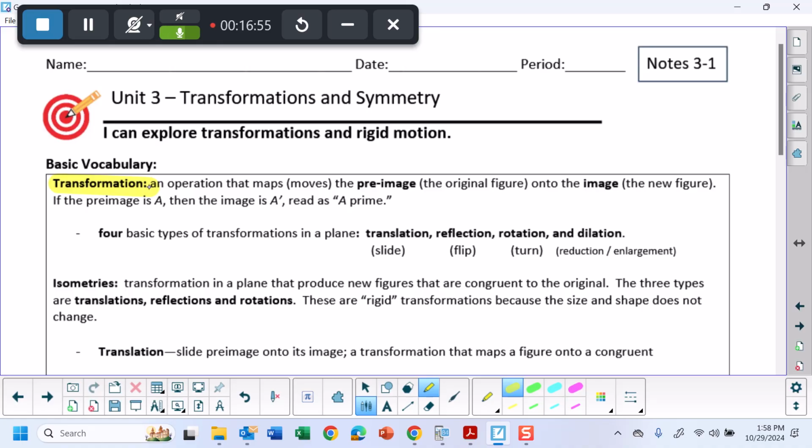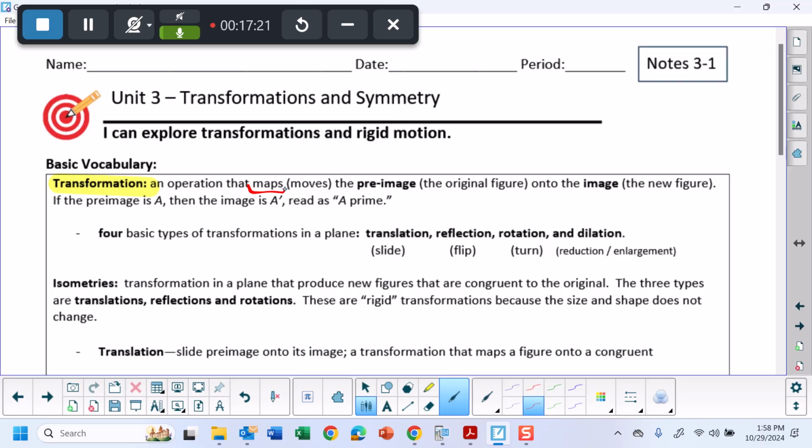When we talk about it being an operation that maps, maybe you don't understand what it means when we talk about maps. So if I have 2 calculators that look the same and I map one on top of the other, you can't see the second because see how they're identical? So if I held them straight in front of Trevor, he doesn't know how many calculators I'm holding.